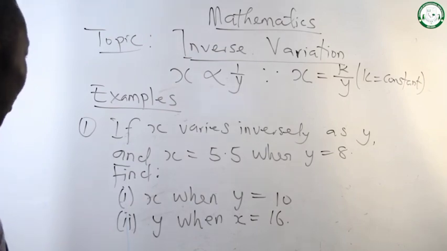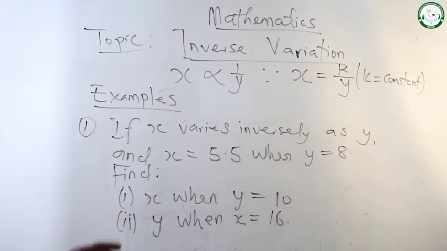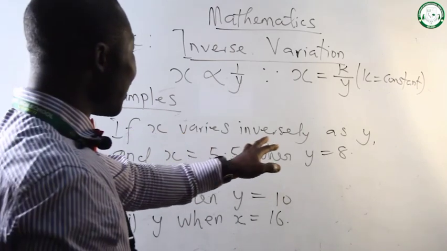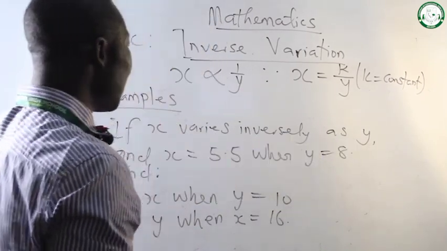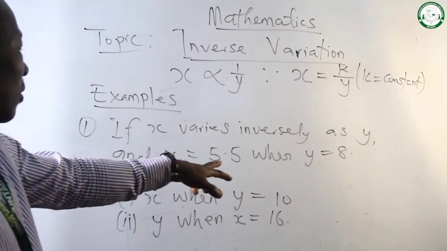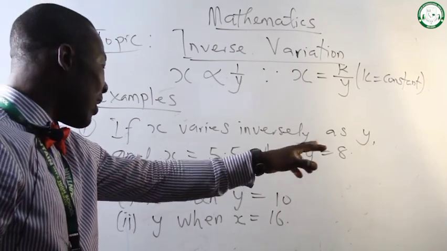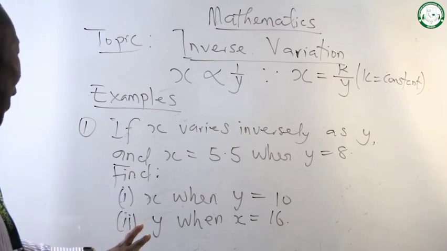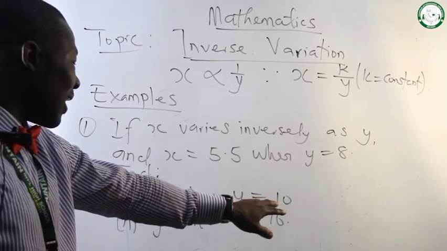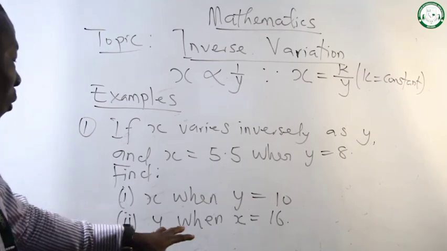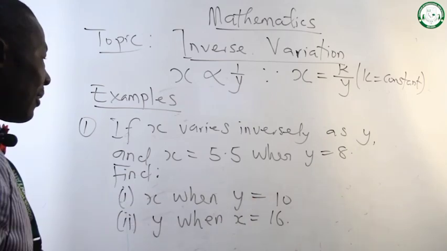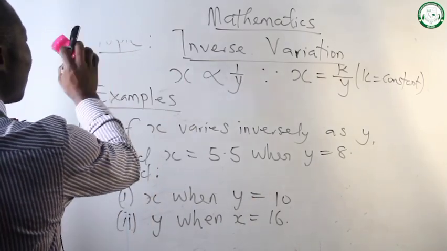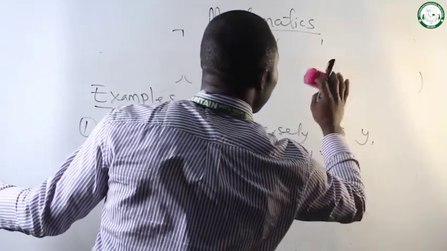These are the questions I want us to look at under question number 1. If x varies inversely as y and x equals 5.5 when y equals 8, we are to find x when y equals 10, and we are to look for y when x equals 16. So let's try to solve this question now.